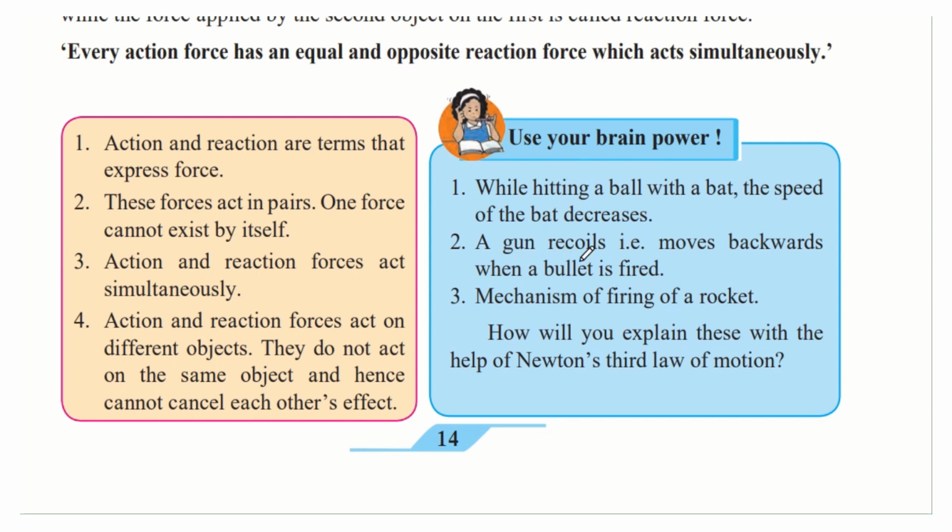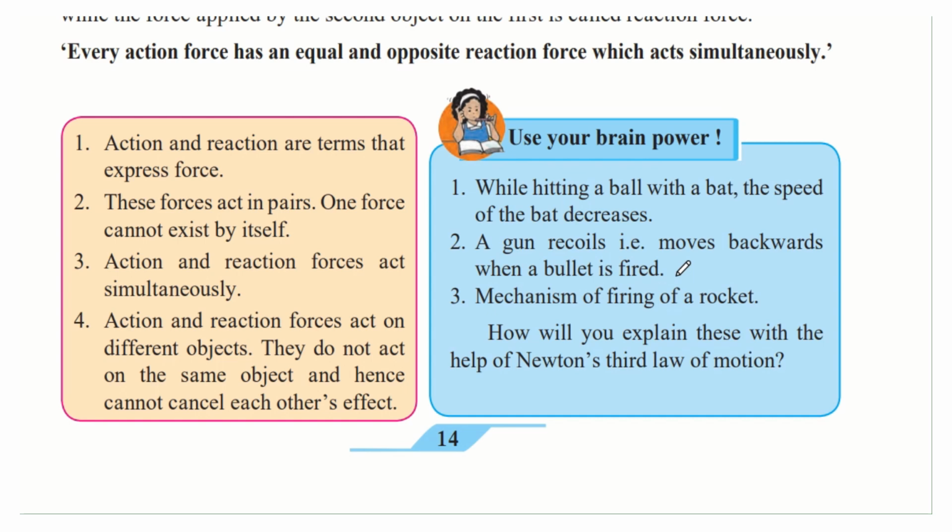A gun recoils, that is, moves backwards when a bullet is fired. So when you fire a bullet in the forward direction, the gun, as soon as you fire the bullet, moves backwards very slightly, and only the person who is actually firing the bullet will notice it, because the movement is very small.